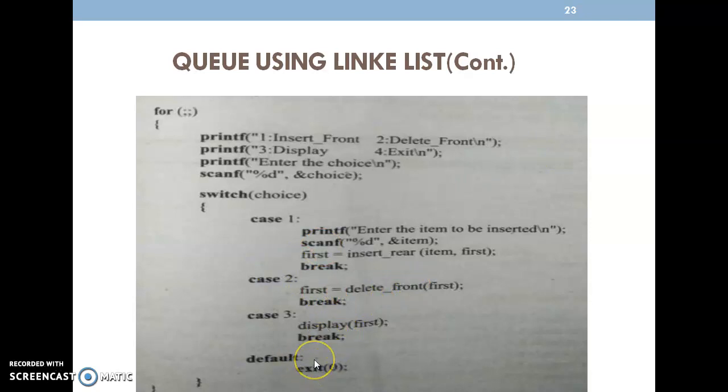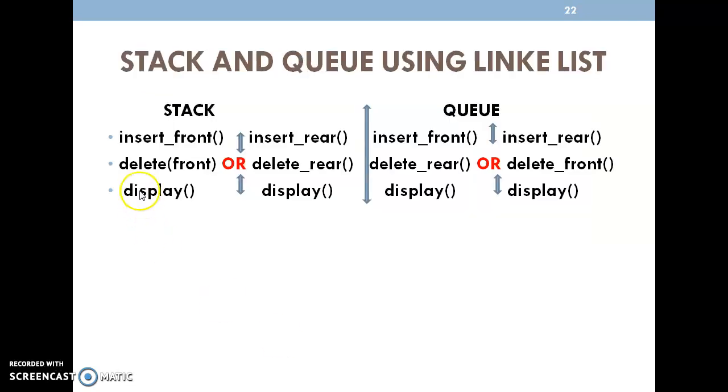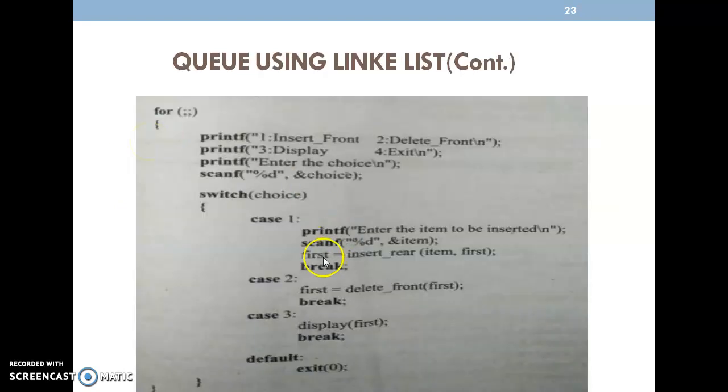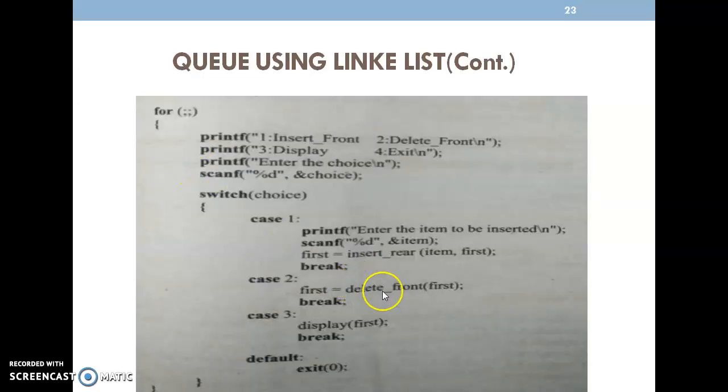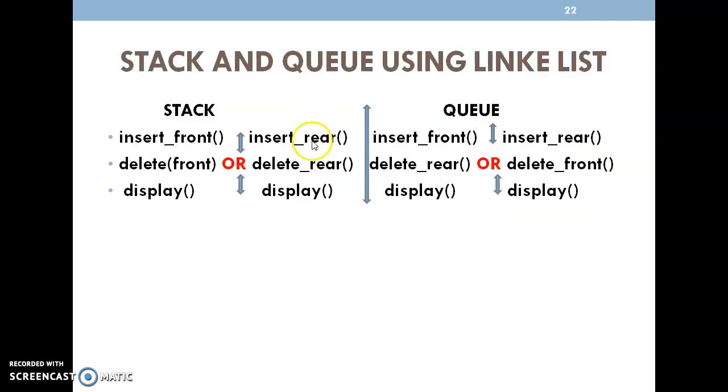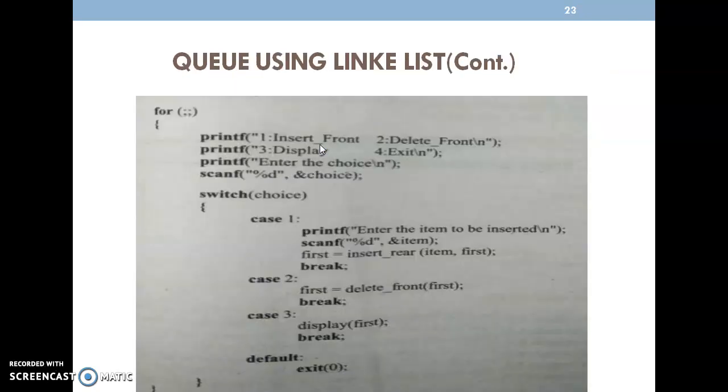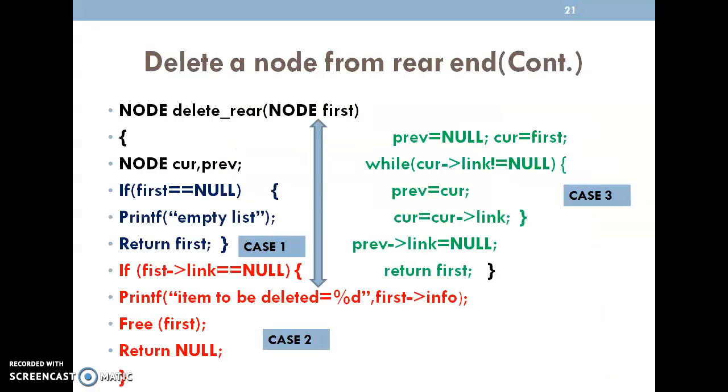for exit. Similarly you can apply for stack also, like case 1 first insert front, then delete front, here you can write delete front, then third one display, or you can make use of this set of functions, insert rear, delete rear. Okay, you see how the insertion and deletion from both the ends is covered.